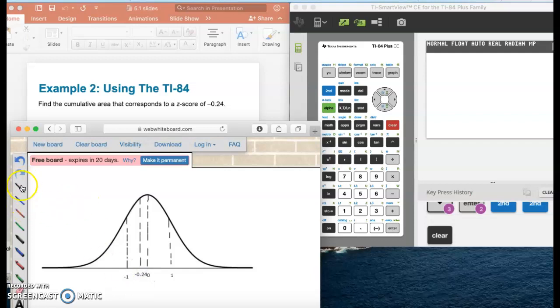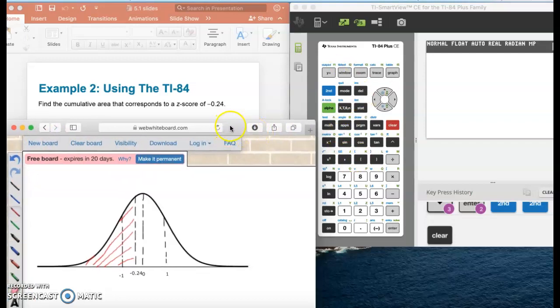And what I'm trying to find is this area in red. So cumulative area means the area to the left of the z-score. So I'm trying to find all this area that is to the left of -0.24.